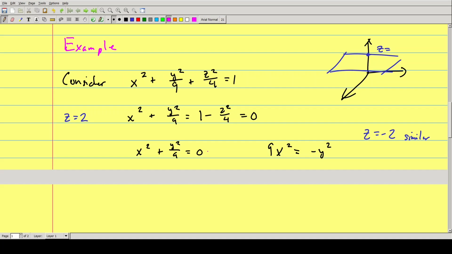Yes. The question is, do you have to pick values for z, or can you choose values for x or y? You can choose anything that you'd like. The whole point is that, as seen in this picture here, we're choosing numbers for planes that we're using to slice the surface with.